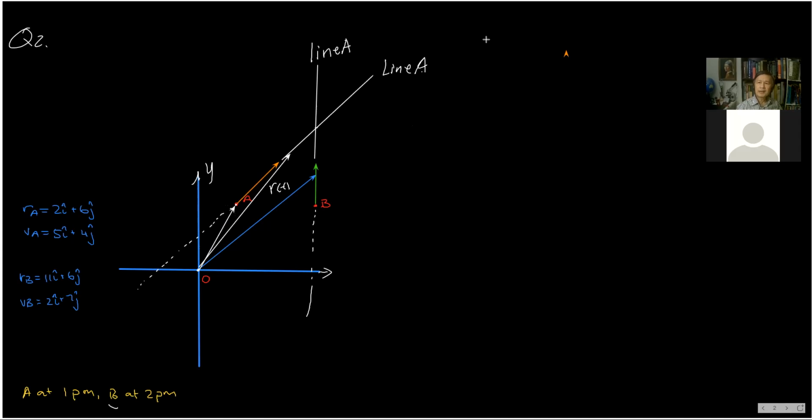So after a certain time, according to our description, if from here we count the time as 1 o'clock, it doesn't matter. So this will be VA, velocity A, multiplied by the time.